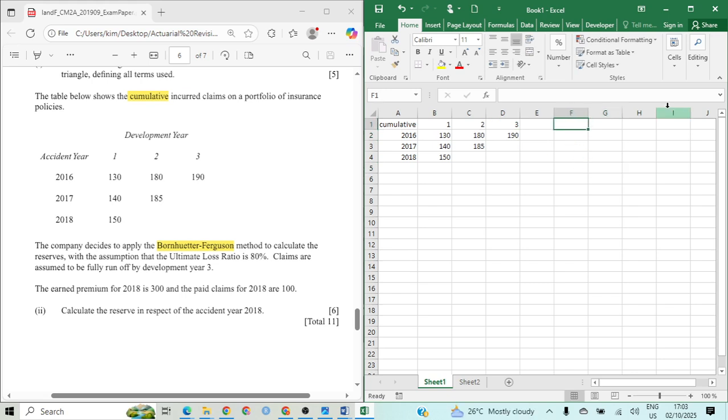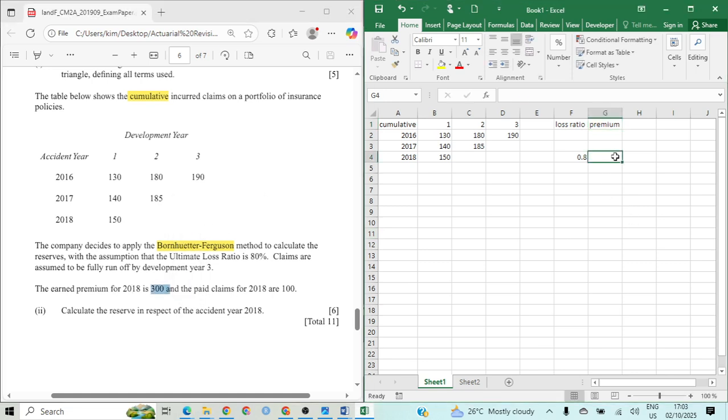And then we remember we had been given the loss ratio for the year 2018, which is 0.8, and we had also been given the premium. The earned premium for 2018 is 300.